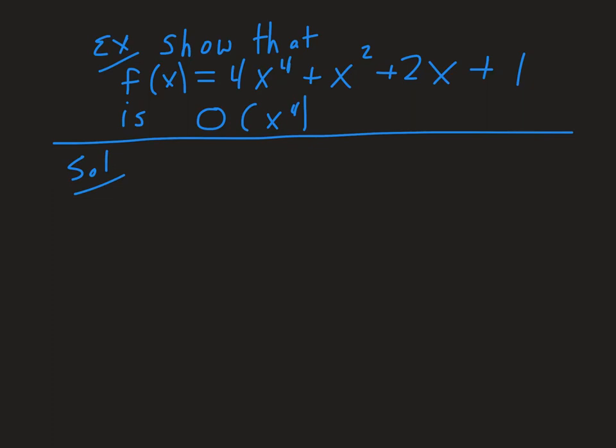So here's an example that is very similar to anything that you're going to see on the test. All right, we want to show that this function f of x, which is 4x to the fourth plus x squared plus 2x plus 1, is big O of x to the fourth.